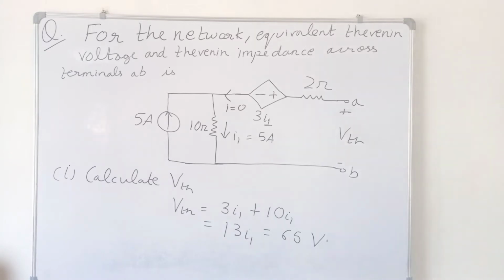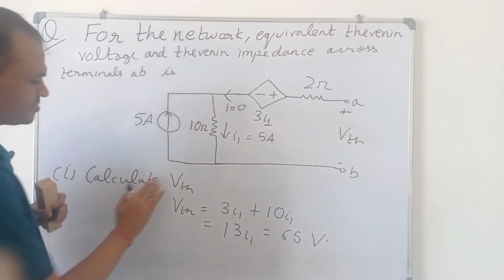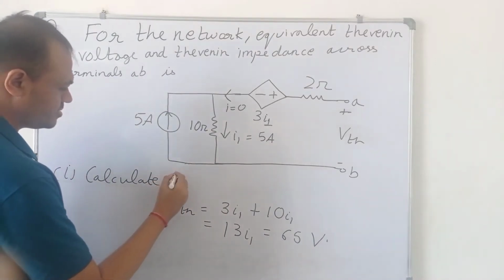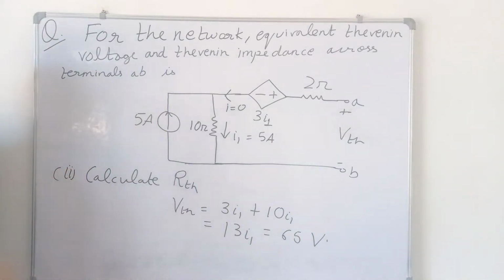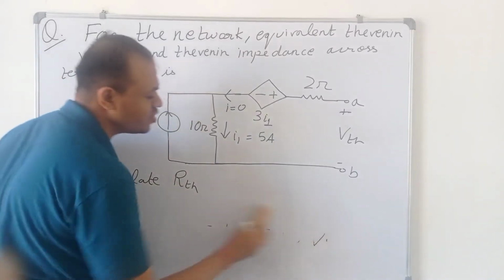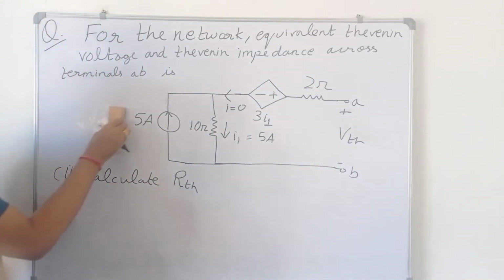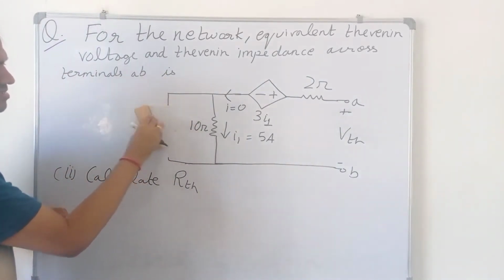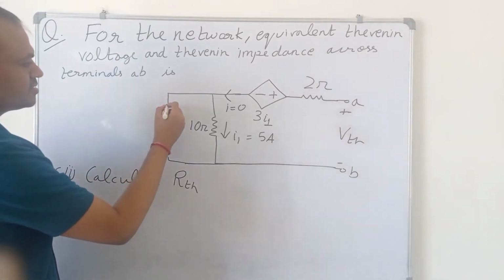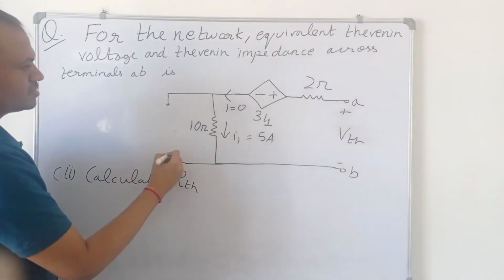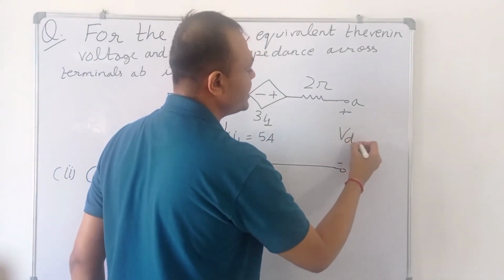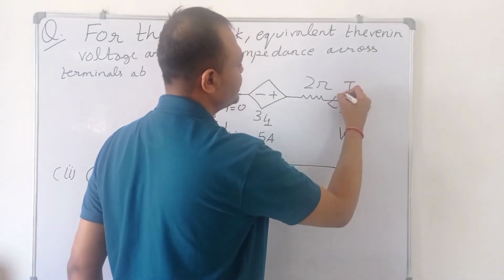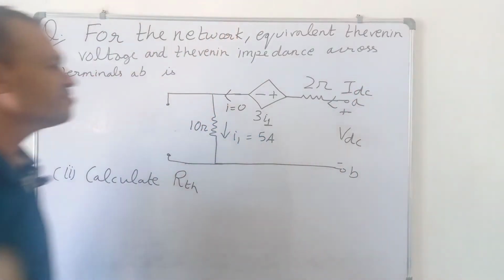Now we will calculate Thevenin resistance. For calculating Thevenin resistance, we have to remove all the independent sources. This is the current source, so we will open it, and apply a VDC here and assume that IDC current is flowing through here.